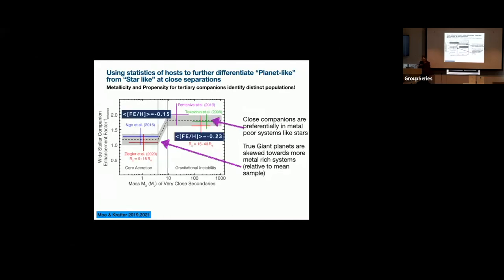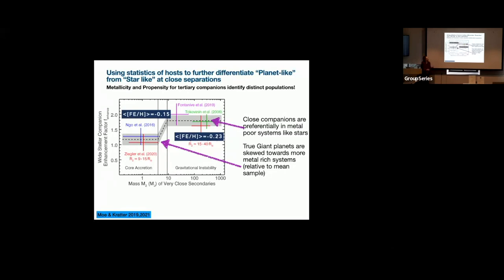And to make matters better or worse, depending on how you want to look at it, there's also a metallicity difference here, where the higher mass triple stars, the true triple star systems, tend to be lower metallicity than the field, and these tend to be higher metallicity. Again, consistent with lower metallicity objects being more often in binaries, and true planets preferring to be in more metal-rich systems.